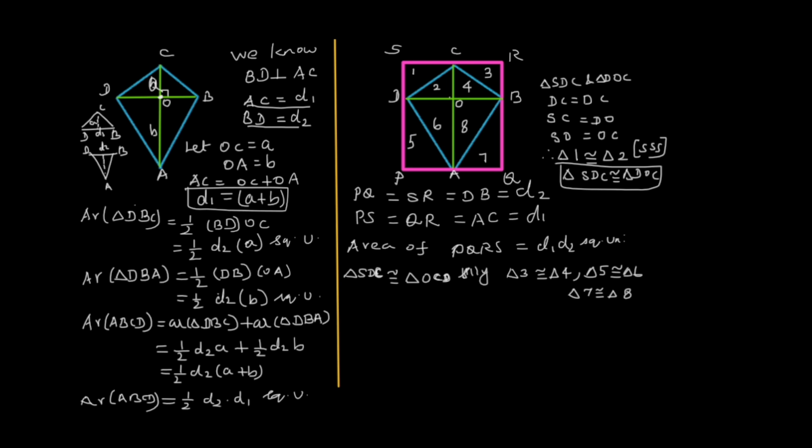So all the triangles are concurrent to each other, which means the rectangle's area is divided into two parts.